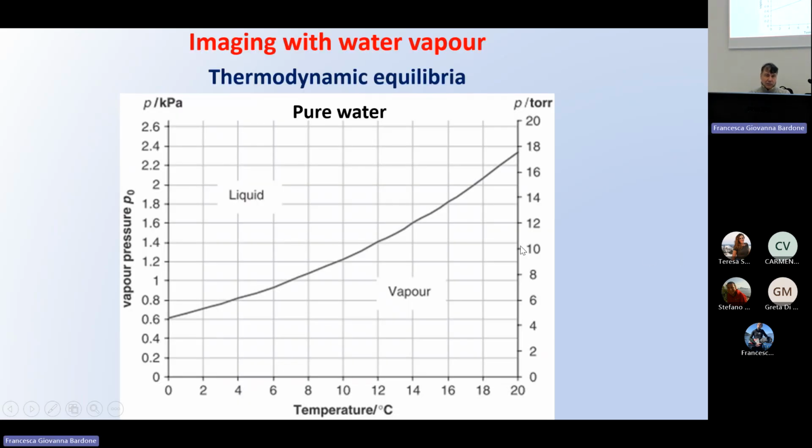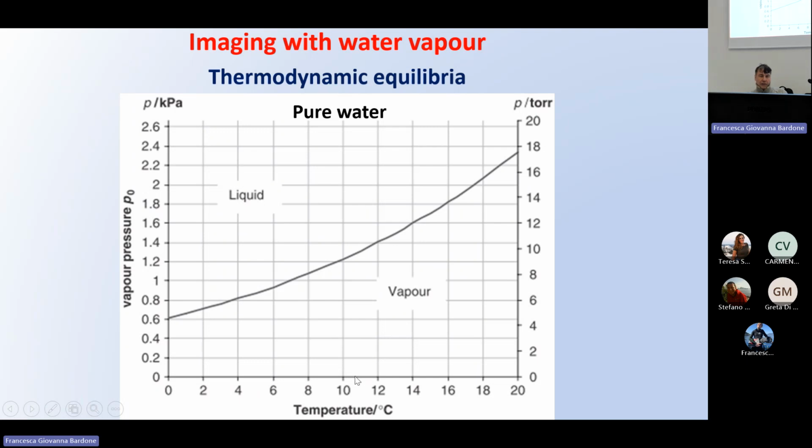And to exploit this, we need to go back and see the thermodynamic equilibrium curve of pure water. So this is the vapor pressure and the state as a function of temperature of water and the change from liquid to vapor pressure.